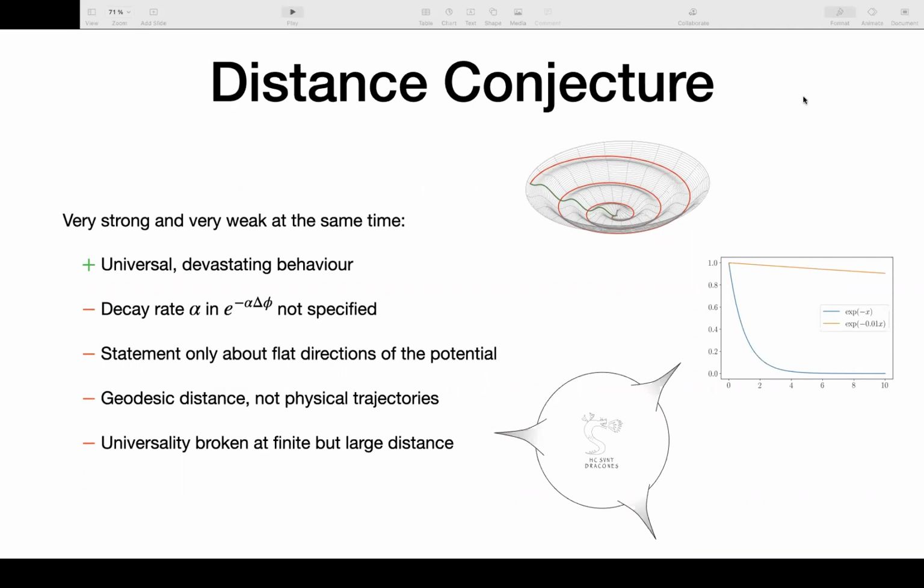So we know that for a very small decay rate, the exponential looks approximately linear for a very long time. It's at first only a statement about flat directions, so moduli. And it's a statement about distance along the shortest geodesic connecting two points in the moduli space and not physical trajectories. And finally, and this is the focus of today's talk, this universality may be broken at finite but large distances.